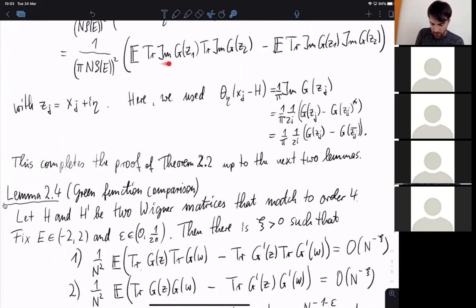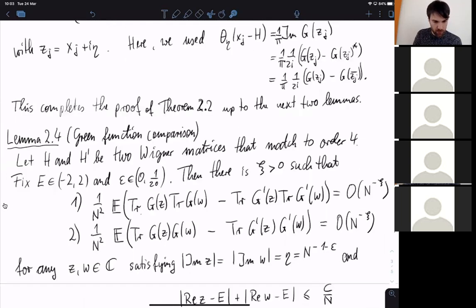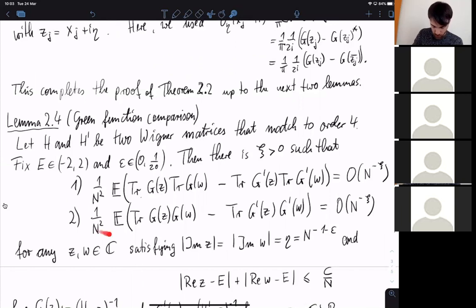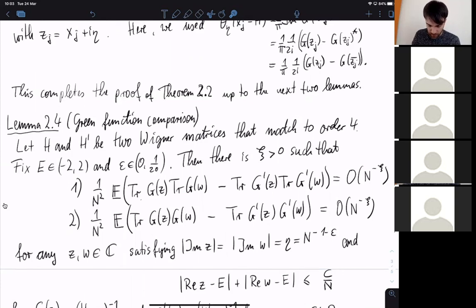These resolvent expressions, we know that they are close by lemma 2.4, which compares the resolvent of one Wigner matrix with the resolvent of the other Wigner matrix.